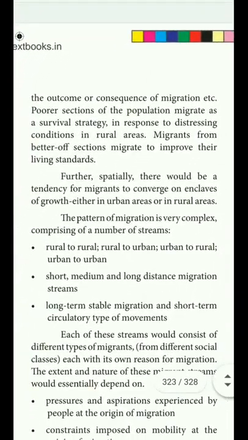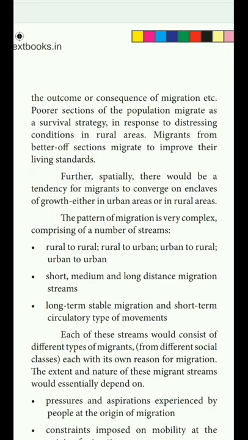So the poorer section of the population migrates as a survival strategy in response to distressing conditions in rural areas. The better off section migrates to improve their living standard. So, for what purpose are the people moving? Do you know?